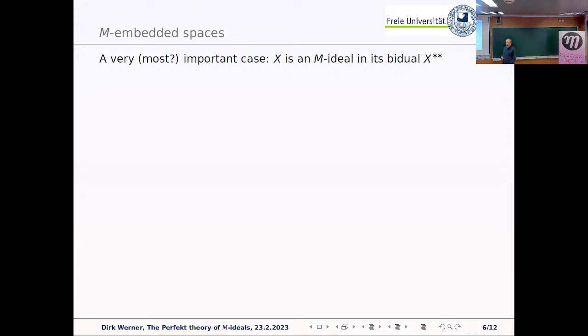So here's the situation, which probably addresses Vicente's question. If you have a Banach space, then there's a canonical superspace named the bidual. You might wish to study whether it is an M ideal or not. In this sense, you do not need to mention the bidual of the superspace explicitly once you understand that you're studying this embedding. This was the subject of Peter Hamann's dissertation, and he called them M-embedded spaces.